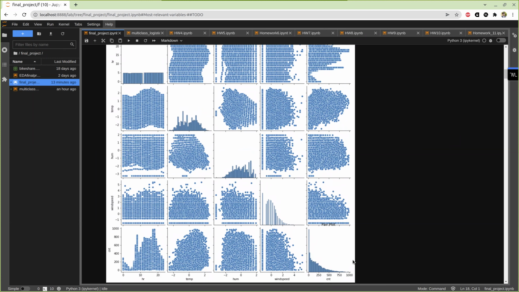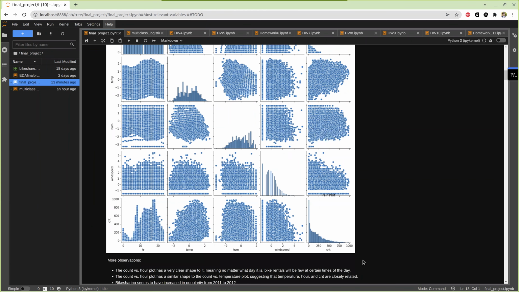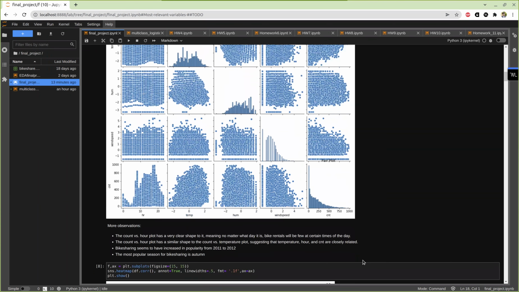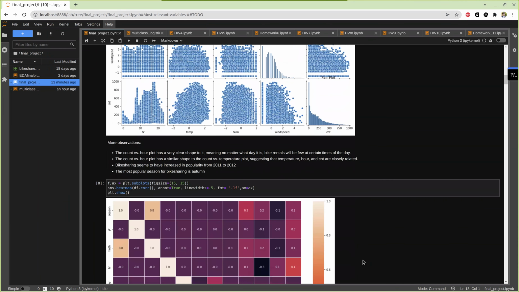So we found that hour and count, as well as temperature and count, had the most well-defined shapes to them. They both kind of have a bell hump around on the right side. As well as we can see, wind speed and count are slightly right skewed.